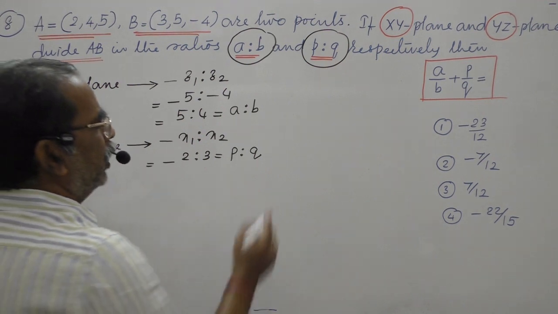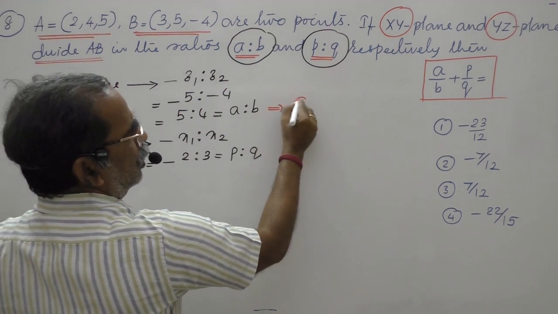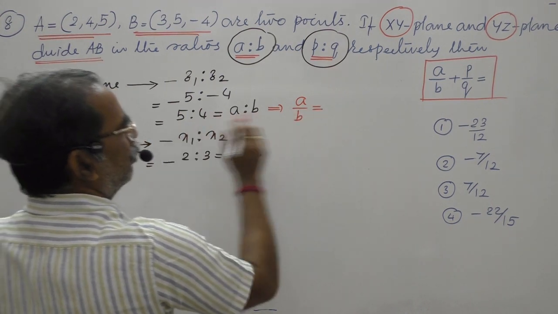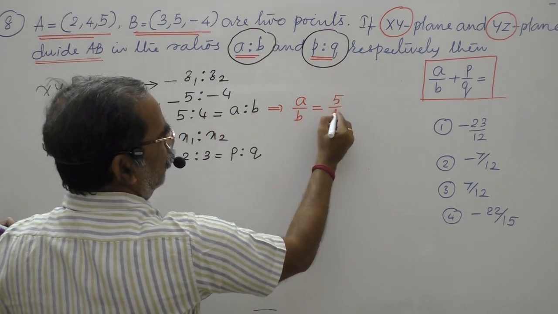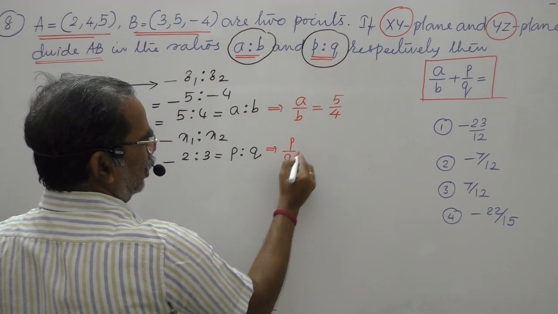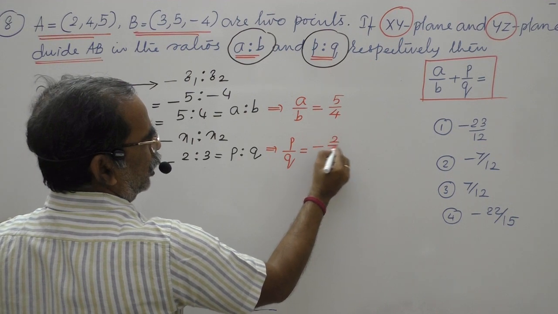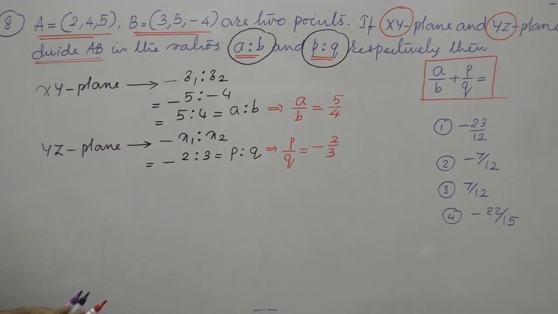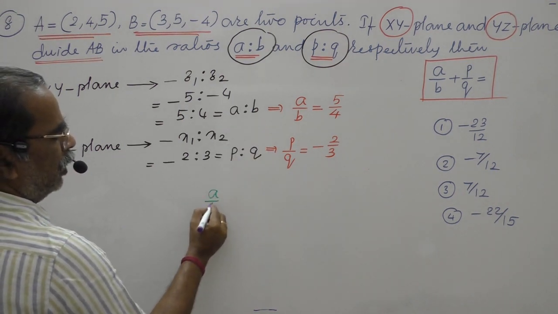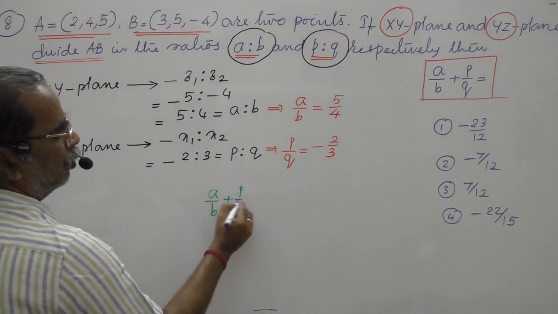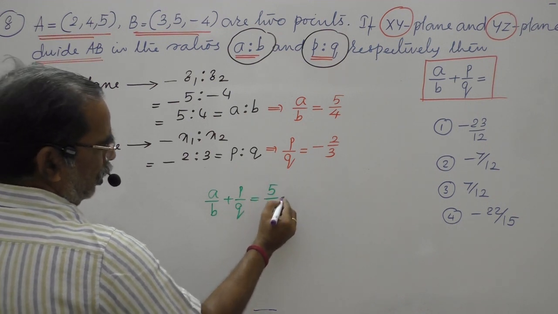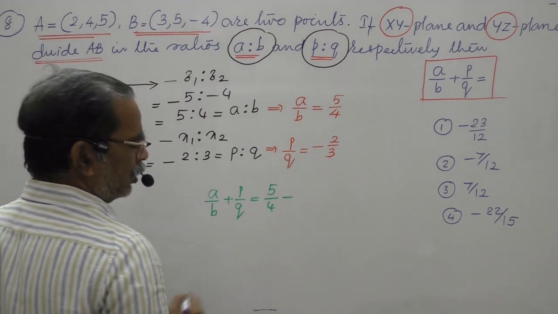So, a ratio can be expressed as a is to b or simply a by b also you can take. If I take a by b, this will be 5 by 4. If I express this also in the same fashion, p by q is what? Minus 2 by 3. That's all. What he asked is this value: what is a by b plus p by q? a by b is 5 by 4 and p by q is minus 2 by 3.